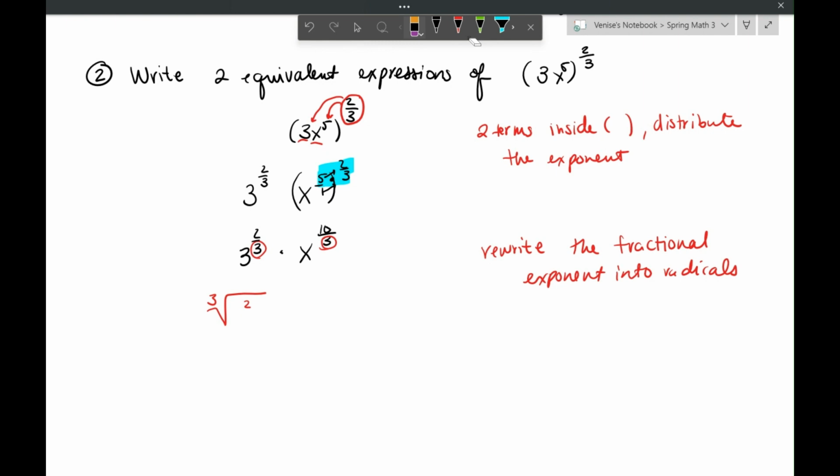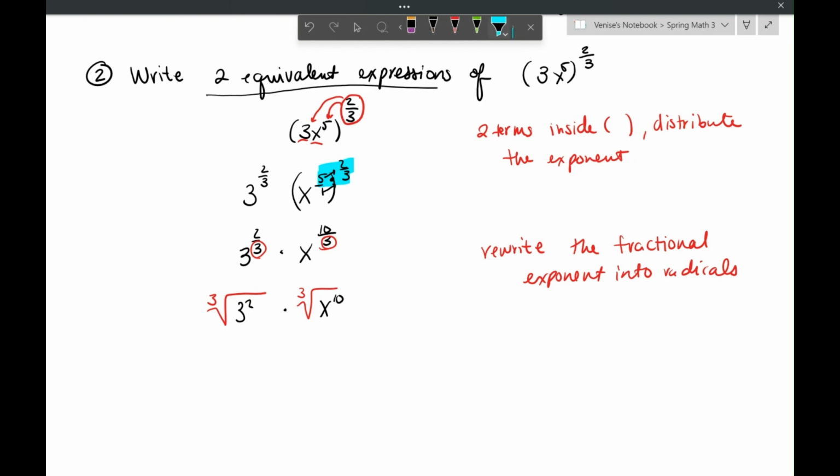Let me use black for that one. 3 squared. Okay, and then the other one, index 3, and then x to the 10. Okay, so here's one equivalent expression.